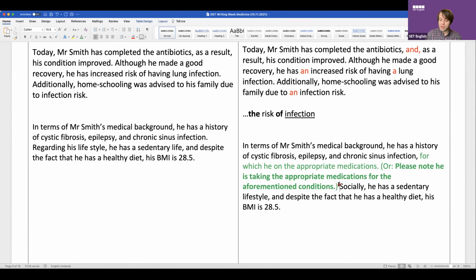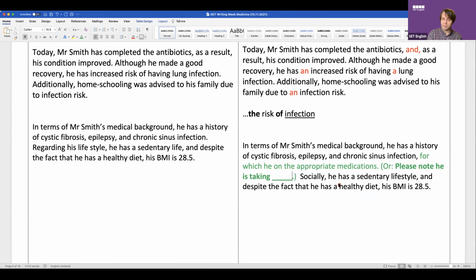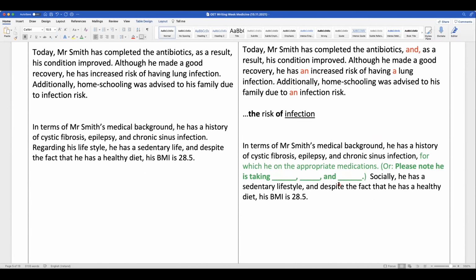So if you wanted to do that, you could just put that here and say, please note that he is taking... this is the kind of decision you've got to make in the exam, right? I could also just list them here. What's going in these gaps? Creon, Bilmazyme, and... okay, if I'm worried about dosages, where do I put the dosages?